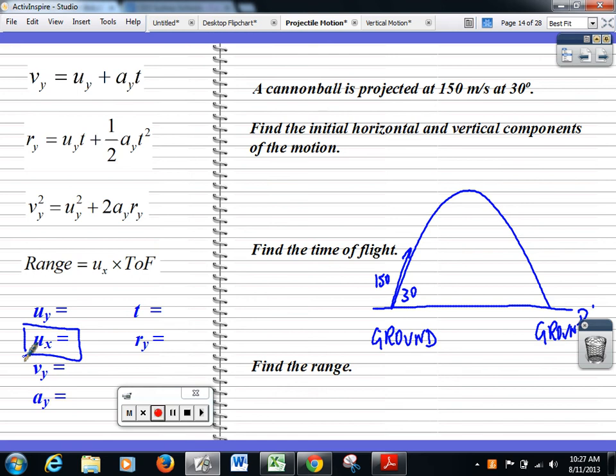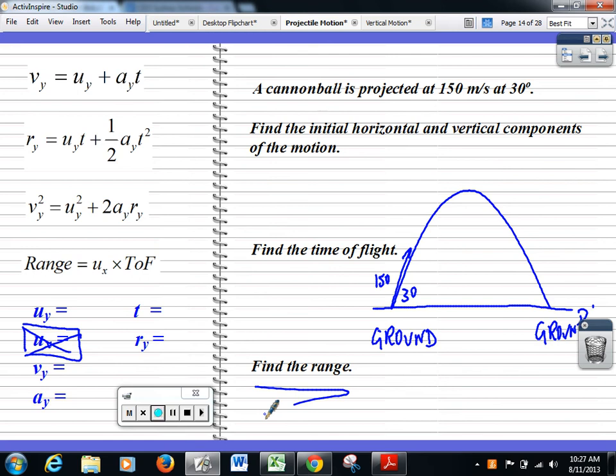Are we okay with that? So you don't always have to do this one, but you need UX for what thing that you're going to find? Range. So if you're not asked to find a range, you don't need UX at all. Is that making sense? The range is the only thing you'll be finding. We will be finding the range in a few more moments, so I'm not going to worry about it so much yet.